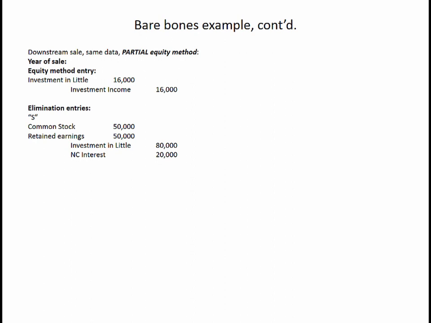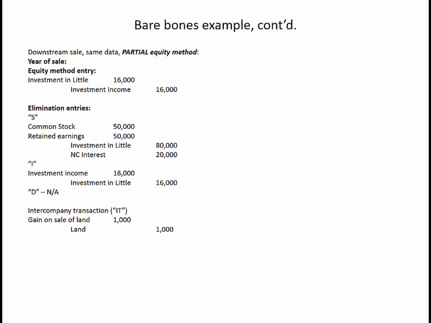For our elimination entries, we start the same way we started before. We have our beginning of period subsidiary equity accounts of $100,000, which we split 80-20 between the investment in Little and the non-controlling interest. I for investment income, we have $16,000 of investment income that has to be eliminated.